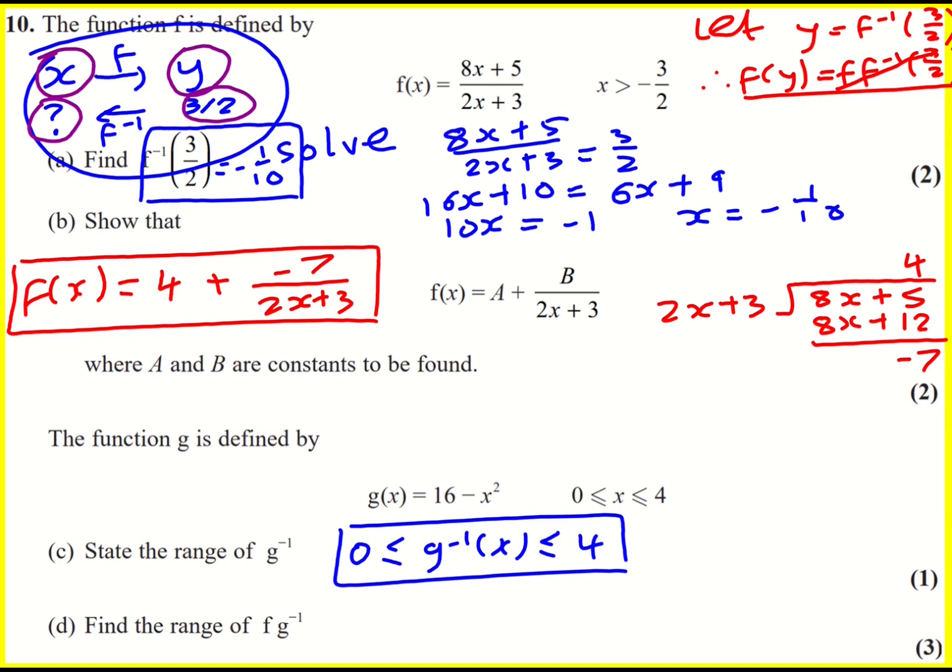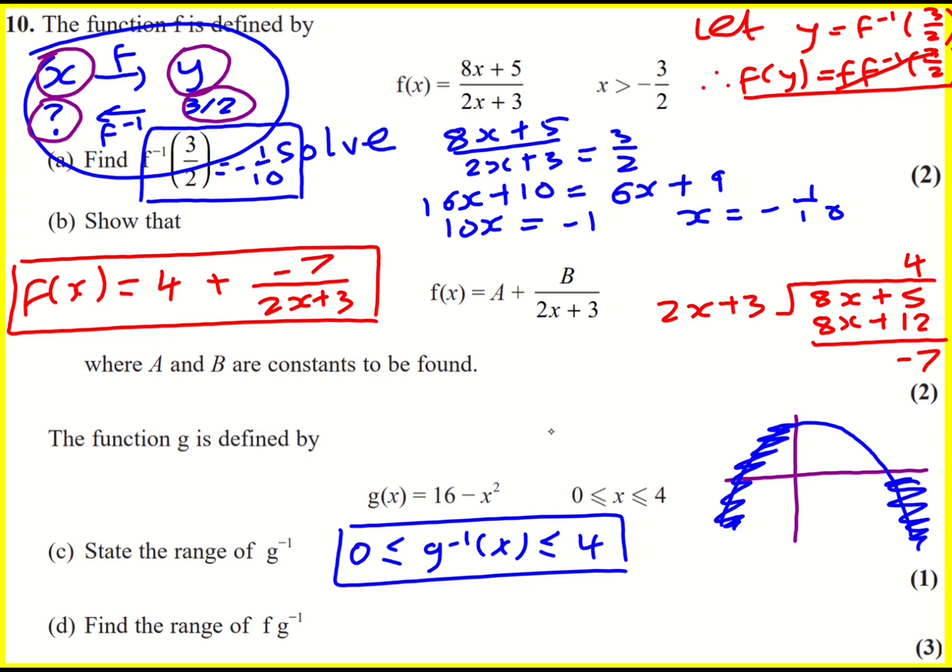I've got to be honest, when I did this question, I also really wanted to write down the range of g of x. I just think it's quite a good idea. So I'm going to do a little sketch of it. So 16 minus x squared looks like this, but I'm only interested in 0 to 4. And actually, it's just going to be this bit here.